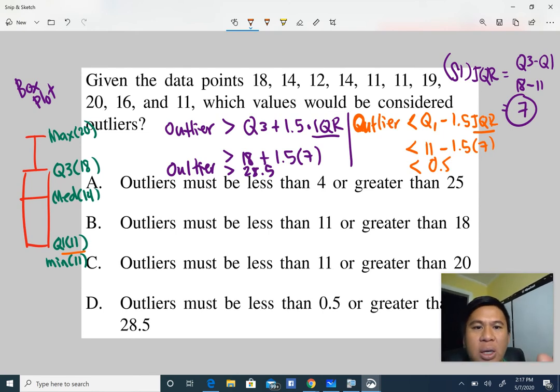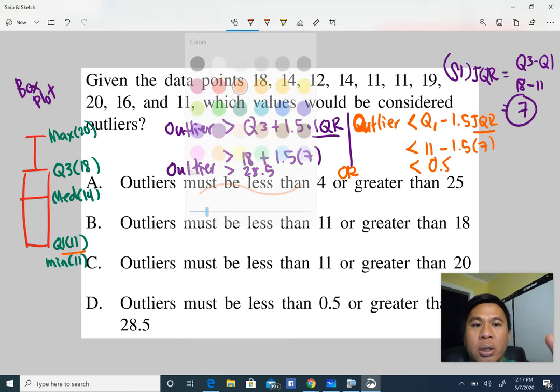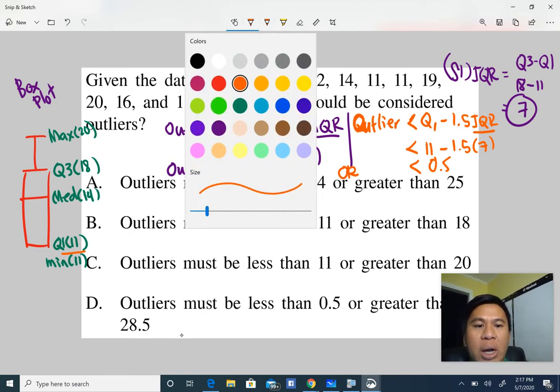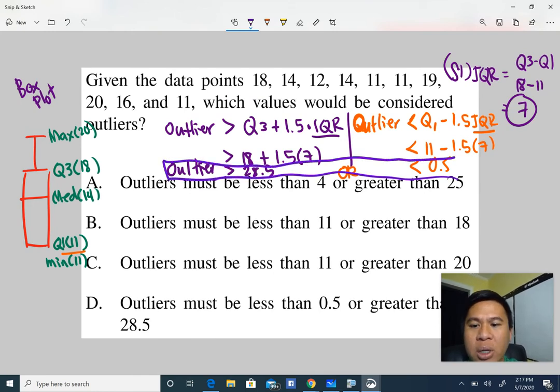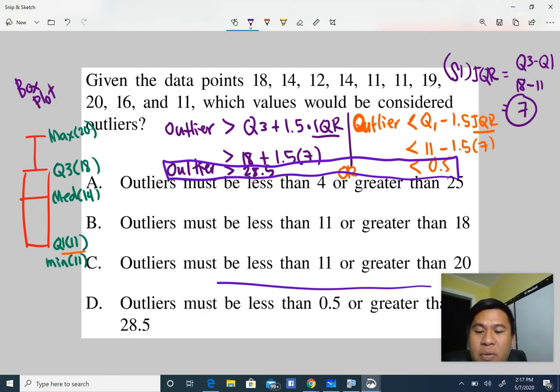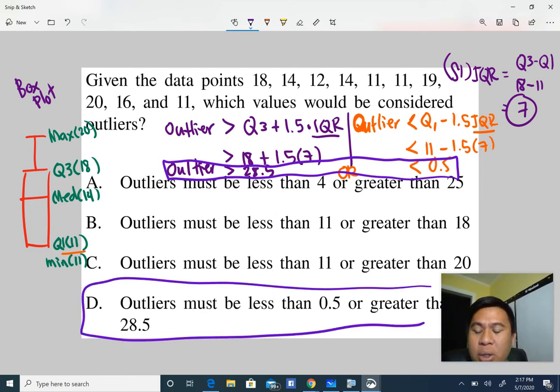So in this case, that should be an OR. Then we already have our answer in here, which says that the outlier must be greater than 28.5 or less than 0.5. In this case, that will be letter D. So again, that's how we compute our outliers.